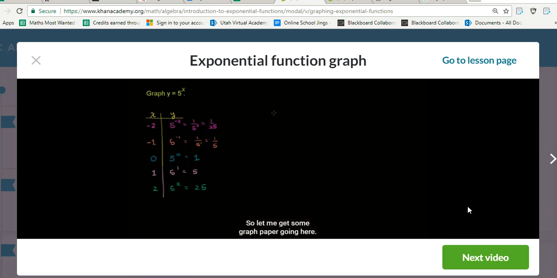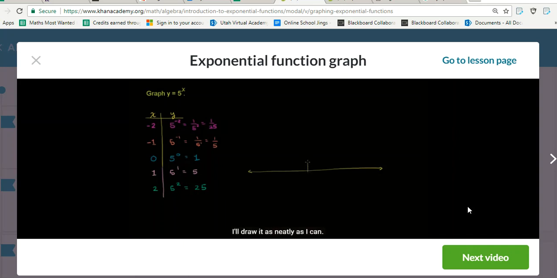So let me get some graph paper going here. My x's go as low as -2, as high as +2, and then my y's go all the way from 1/25 all the way to 25. So I have positive values over here. So let me draw it like this. So this could be my x-axis, and then let's make this my y-axis.